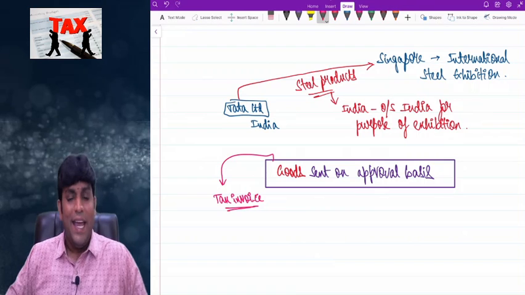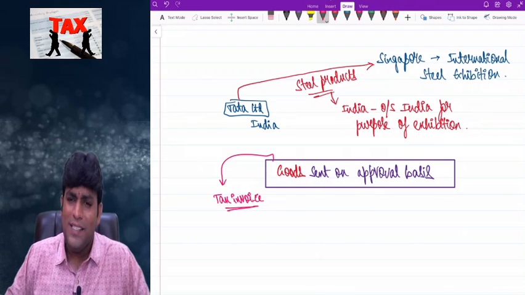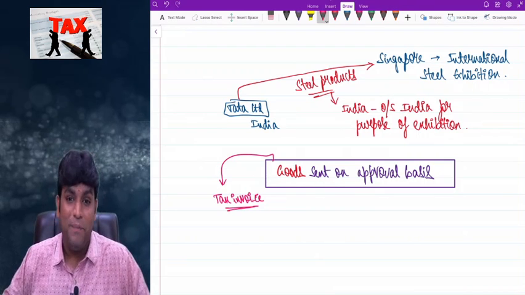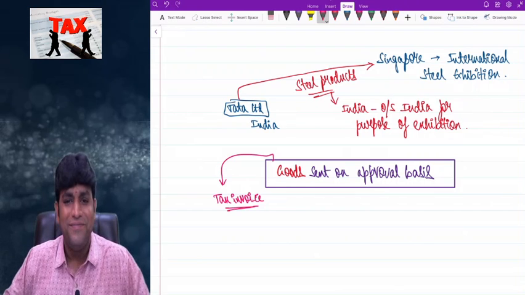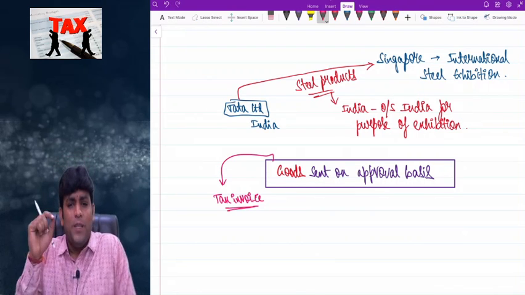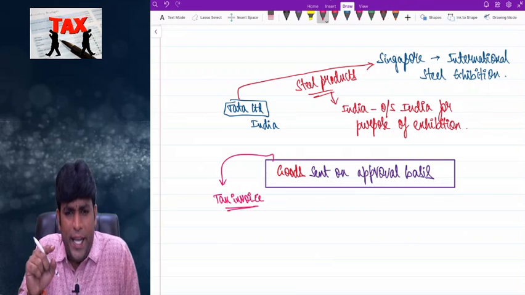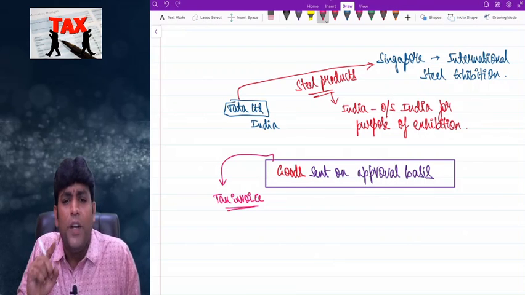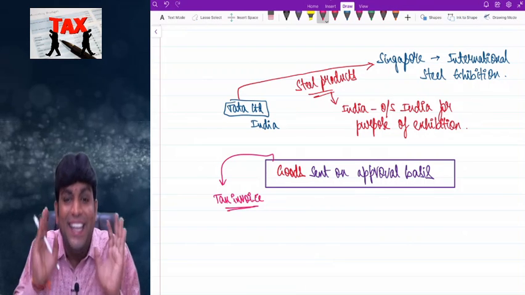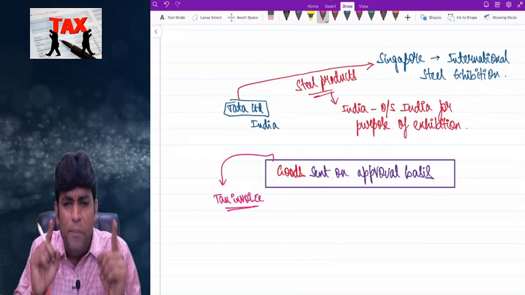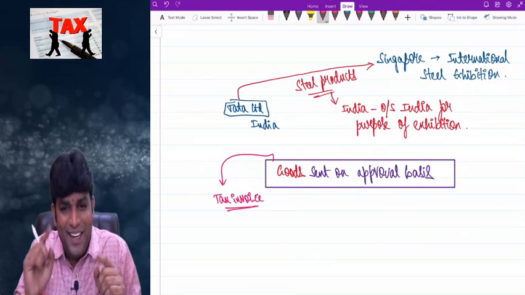Now, when I say at the time when supply takes place, what does that mean? Obviously, supply will take place only when customer has approved. Correct, right? So, invoice must be issued at the time when supply takes place or 6 months from the date of removal, whichever is earlier. Interesting and important. Clear?